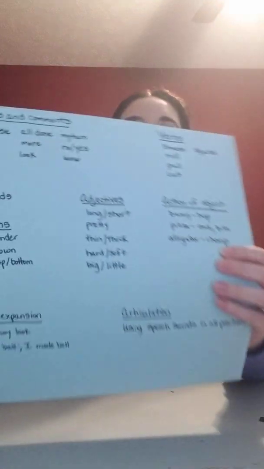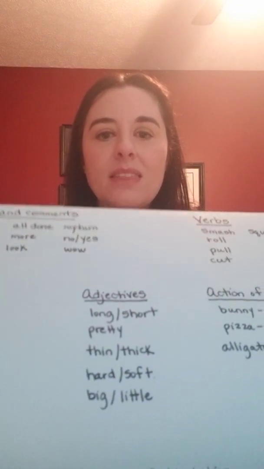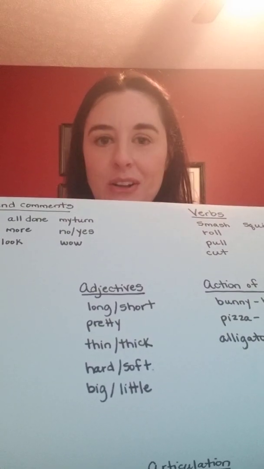Here's my short snake, long and short. Pretty, thin, thick, big, little. Again, there's so many adjectives you can use, tall, short, all kinds of adjectives to describe. So again, here are some used: long, short, pretty, thin, thick, hard, soft, big, little, all kinds.